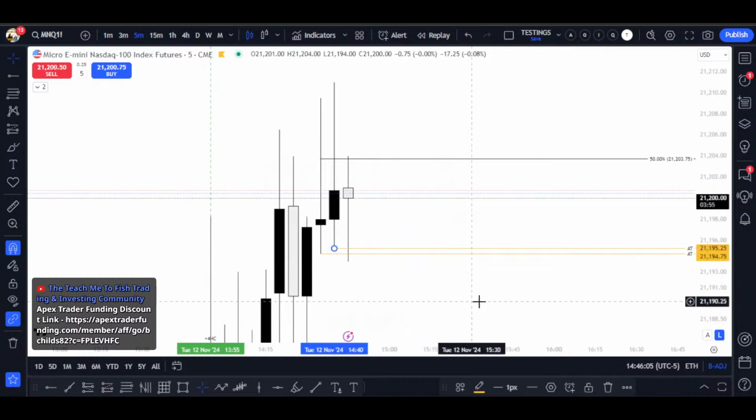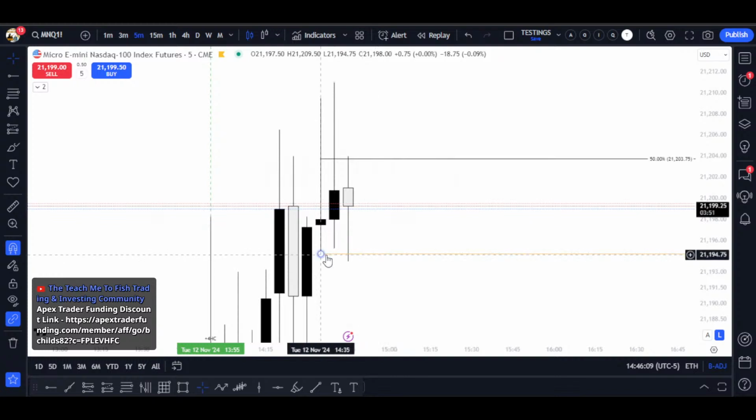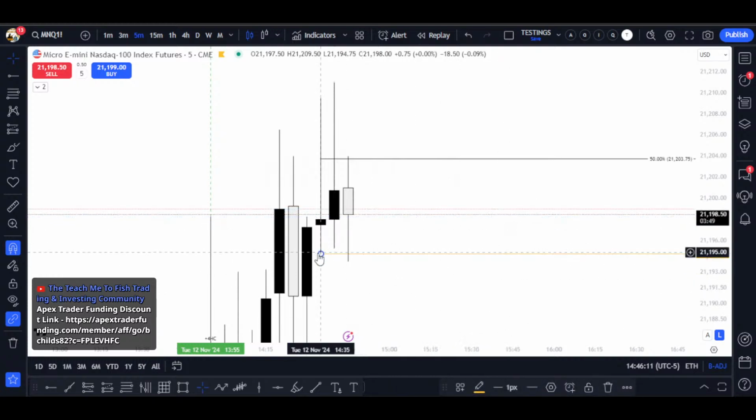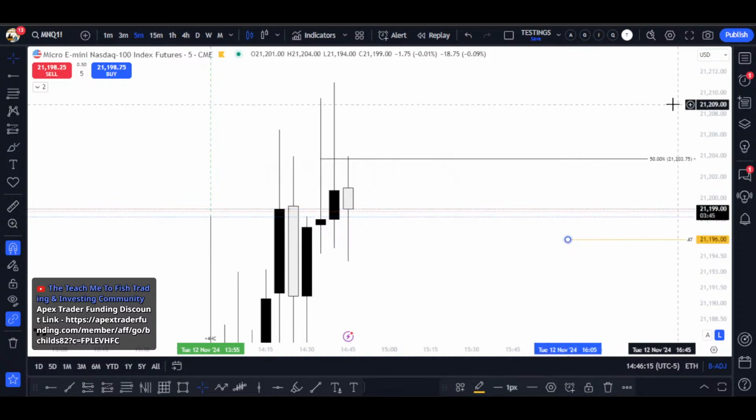These algo targets have been hit, so I'm going to go ahead and take those off. I'll leave one on there to place for the next one.